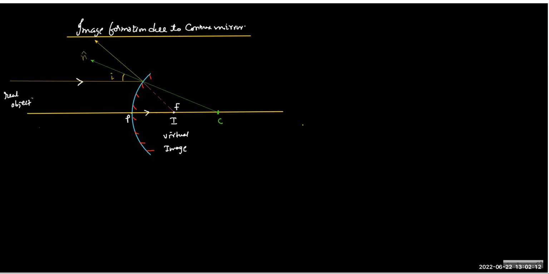The other scenario is what? We have taken one scenario, let's check the other scenario. So we have a convex mirror.